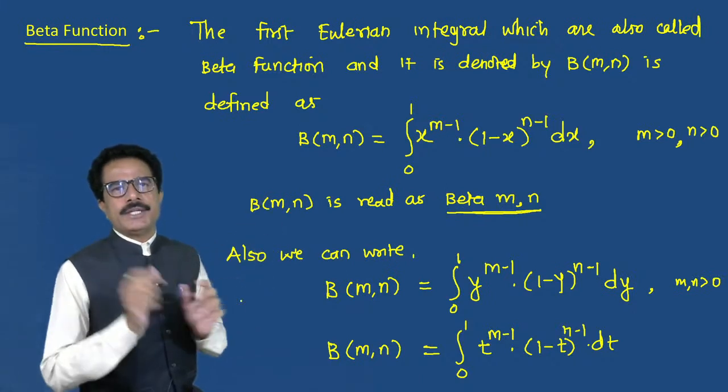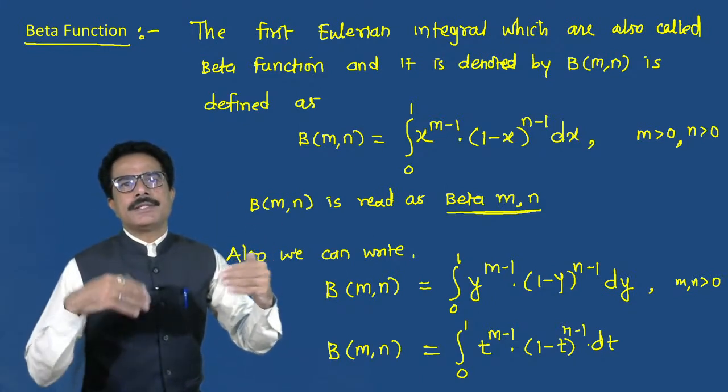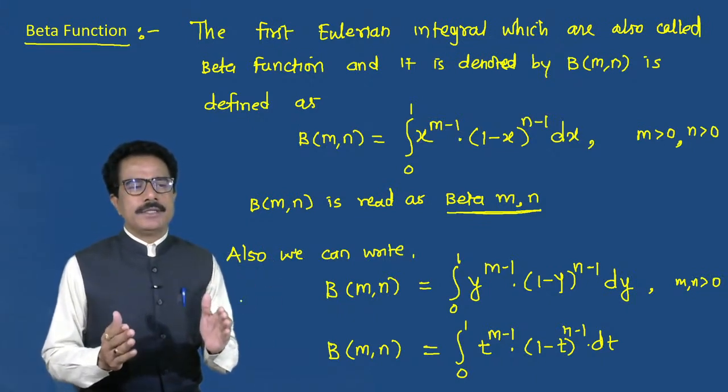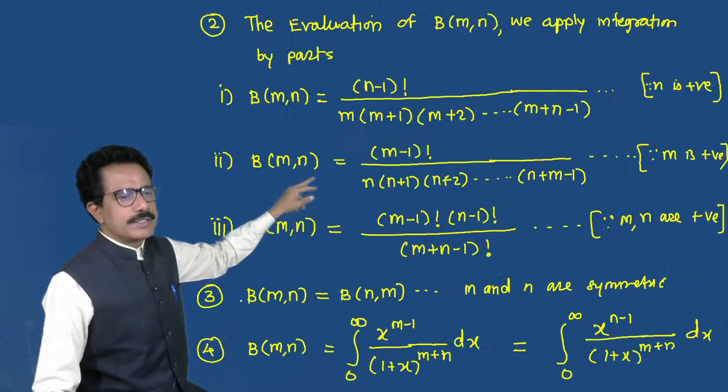Actually there is a product of x raised to m minus 1 and 1 minus x raised to n minus 1, so by using integration by parts we can obtain three different forms.